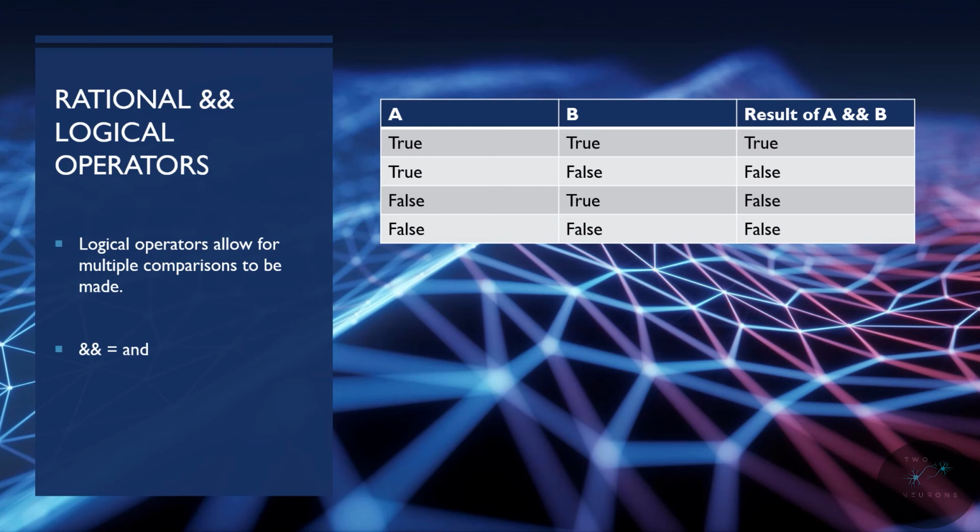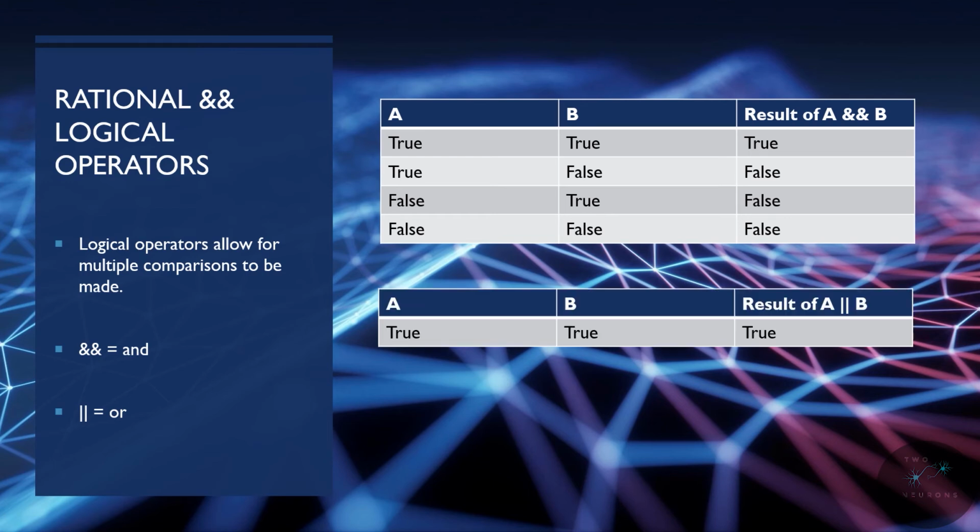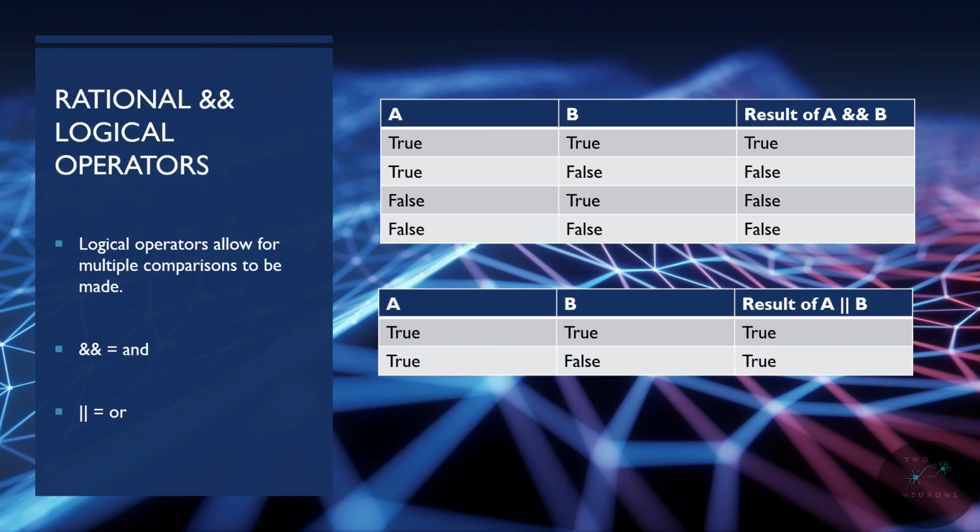The other operator we need to consider is the OR operator, which is represented by two upright bars, not the broken ones that are on some keyboards. And let's think about this with the same setup of variables A and B, where the result will be of A or B. So if A is true and B is true, the result of A or B is true. If A is true but B is false, the result of A or B is still true.